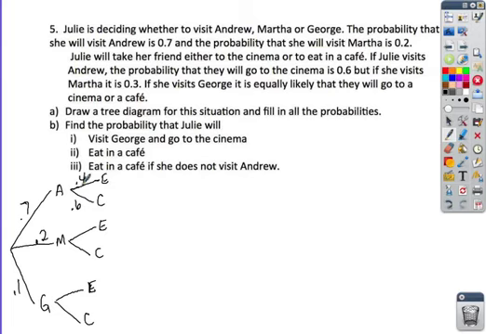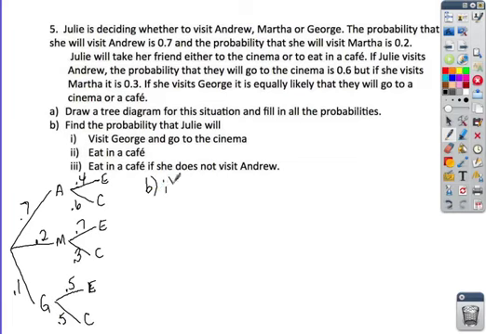For Martha, the probability of going to the cinema is 0.3. The probability of eating then is 0.7. And for George, if both are equally likely, that means they're both 0.5. So now we have our tree filled out. Now we should be able to answer the questions. Find the probability that Julie will visit George and go to the cinema.